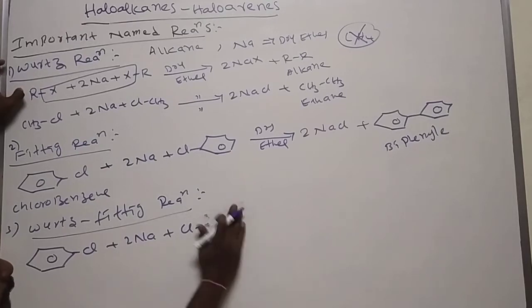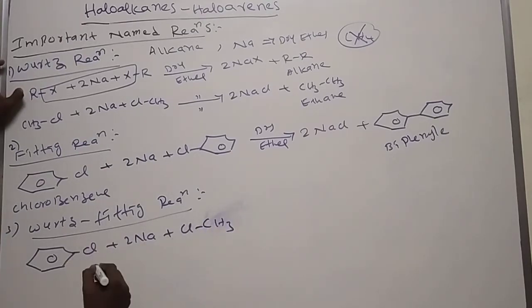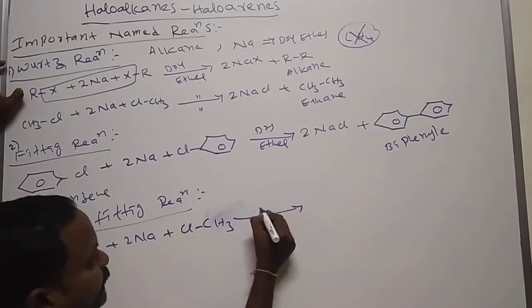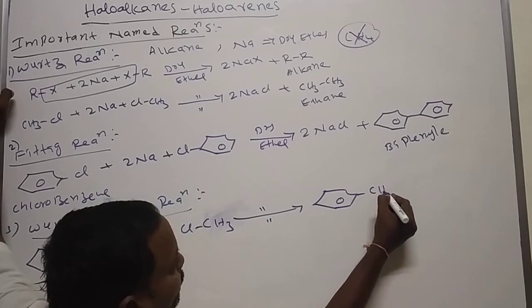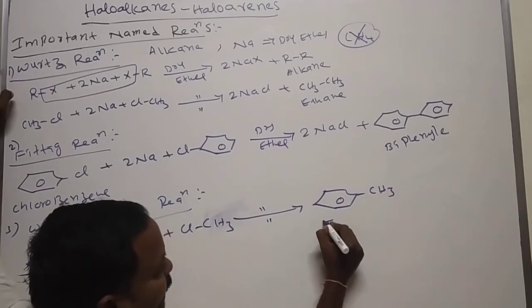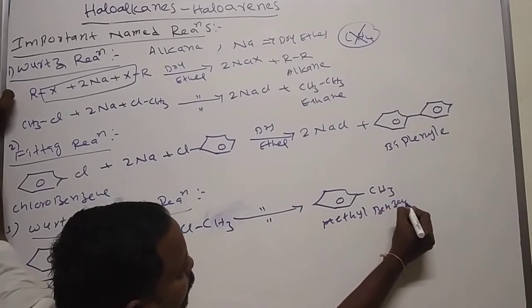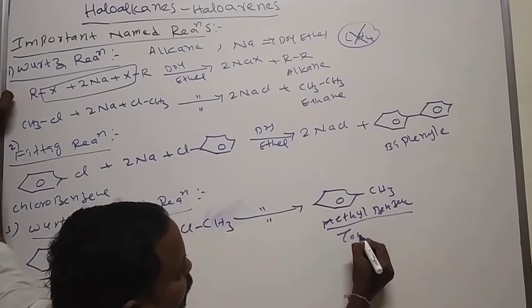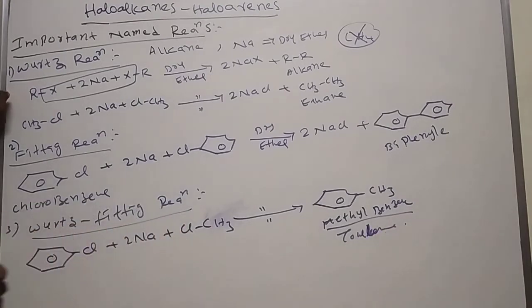It loses sodium chloride in the presence of dry ether and forms toluene. This we call methylbenzene, also called toluene. This is the Wurtz-Fittig reaction.